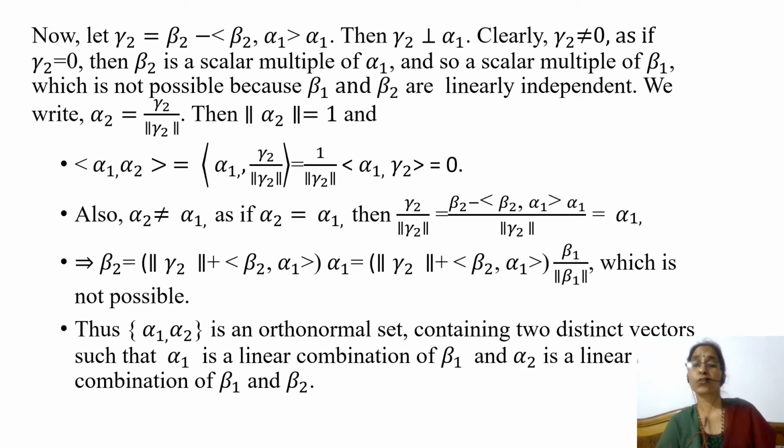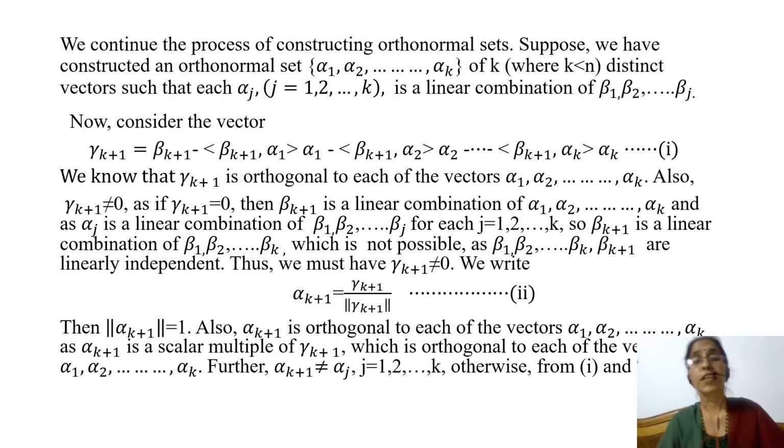So we have an orthonormal set containing two distinct vectors, alpha 1 and alpha 2. Here we also note that alpha 1 is a linear combination of beta 1, and alpha 2 is a linear combination of beta 1 and beta 2. Now we continue the process of constructing orthonormal sets like this.